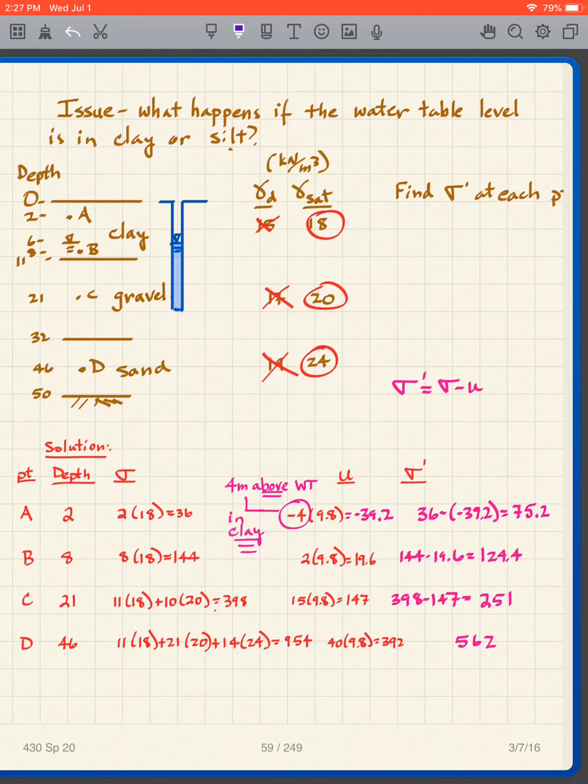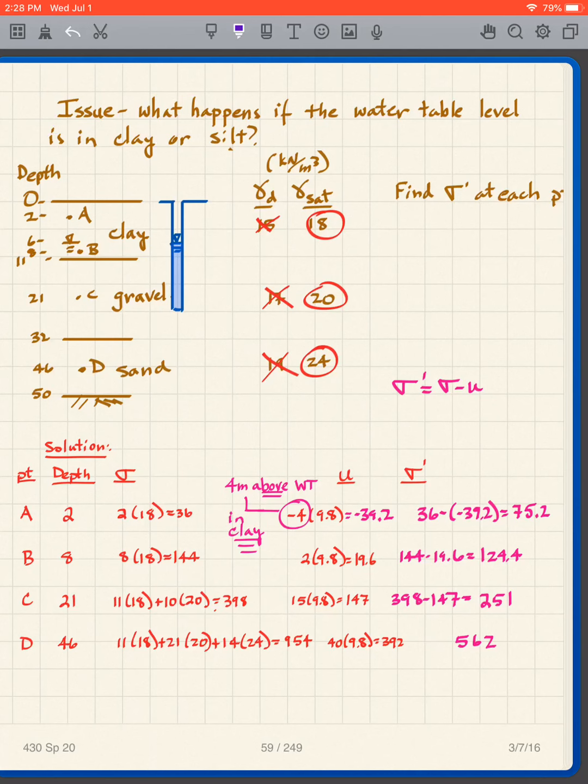Well, once it's in the ground, it doesn't dry out very easily. It can dry out, but for the purposes of this class, we are going to ignore the very, very top layer.